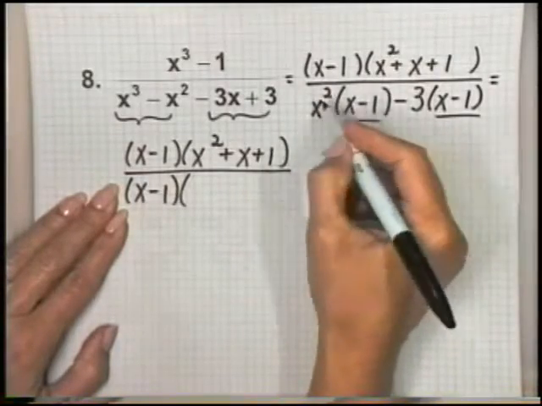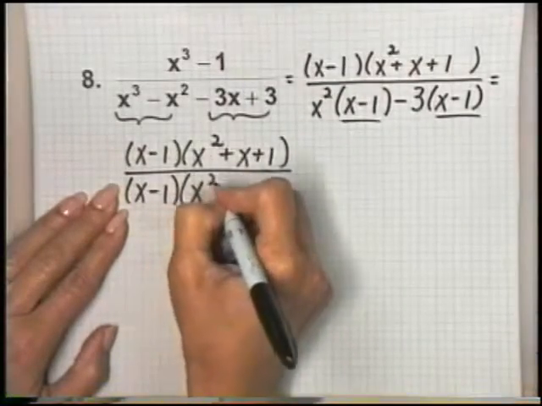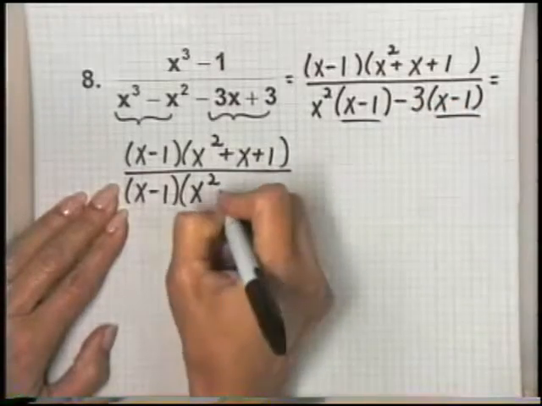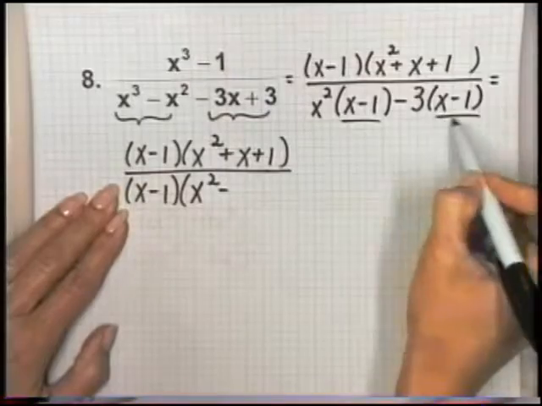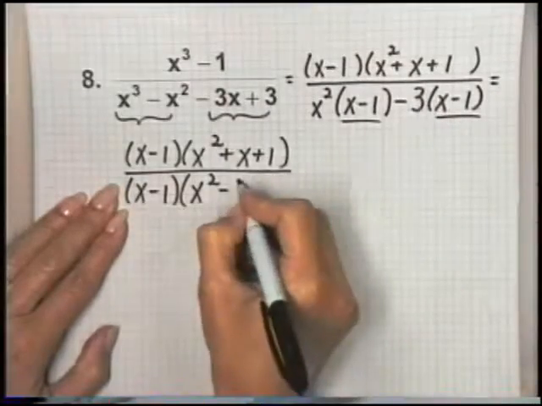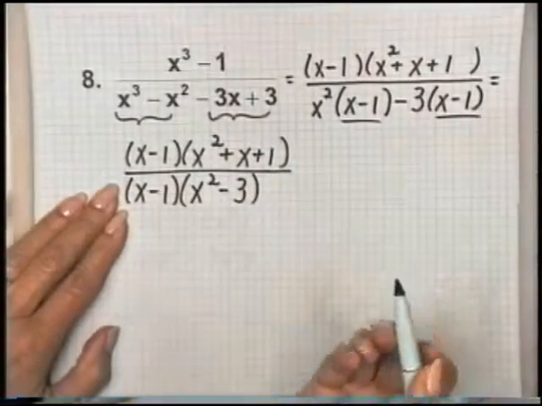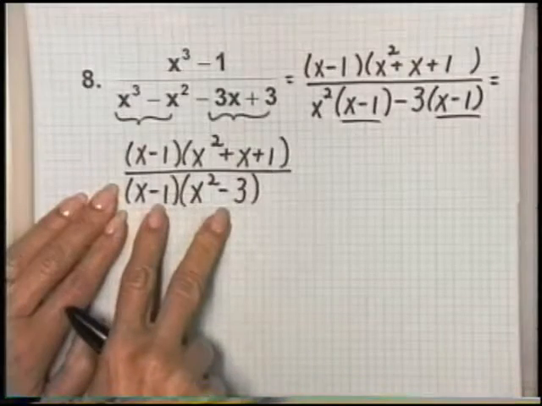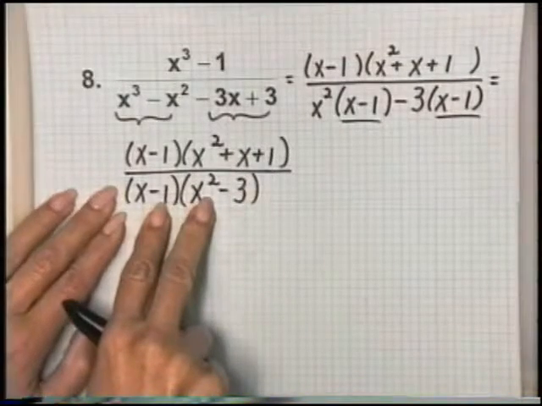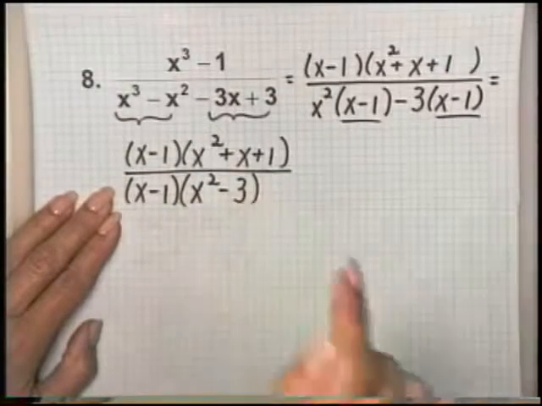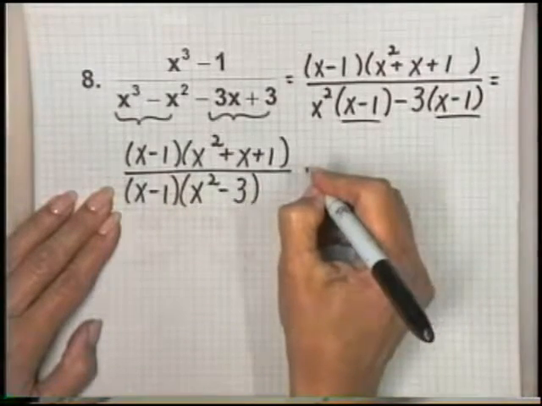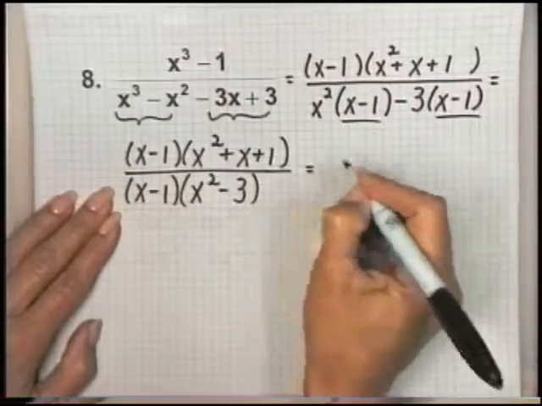For my first term, when I factor out x minus 1, I'm left with x squared. Then I have a minus sign. And when I factor x minus 1 out of my second term, I'm left with the 3. Now notice my denominator is now in factored form. I have a factor of x minus 1 and a factor of x squared minus 3.